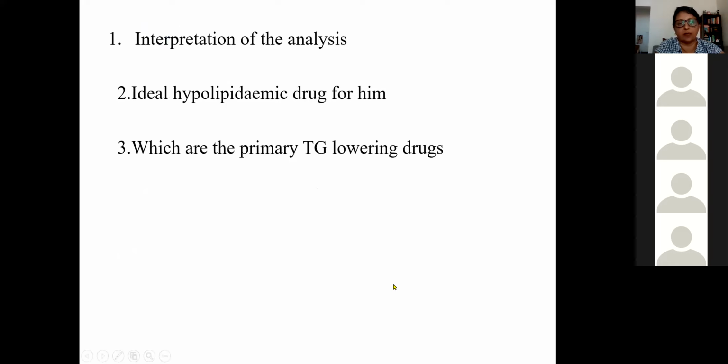Now, the questions are: interpretation of the analysis, ideal hypolipidemic drug for this person, and which are the primary triglyceride lowering drugs. Please write down the question also, then I'll show you the answer.